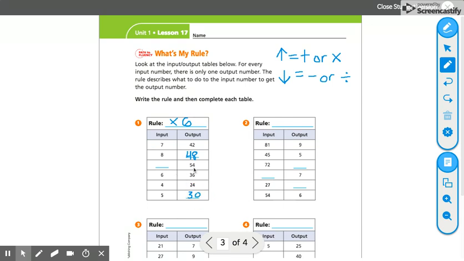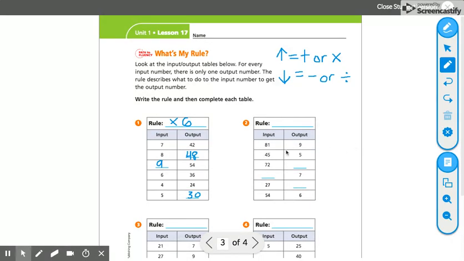So instead of timesing 6, going backwards, I'm going to do the inverse operation, or the opposite. The opposite of times 6 is divide by 6. So I'm going to go backwards. What is 54 divided by 6? Or 6 times what is 54? And I know that 54 divided by 6, or 9 times 6, is 54. And you'll see that I was able to figure out my missing pieces.